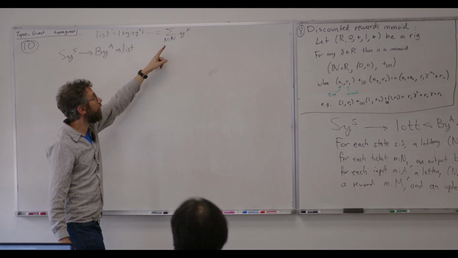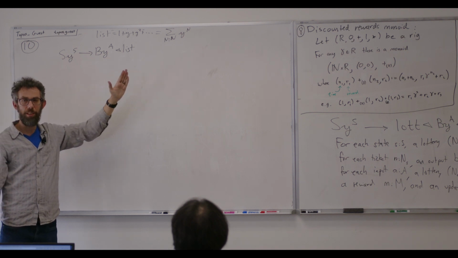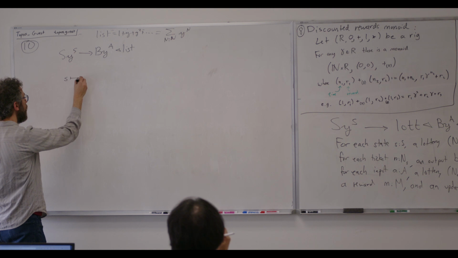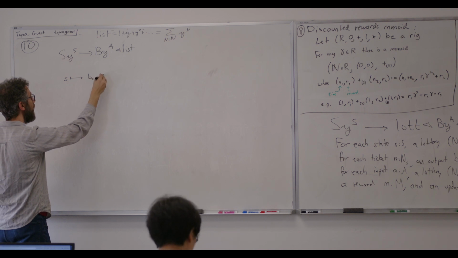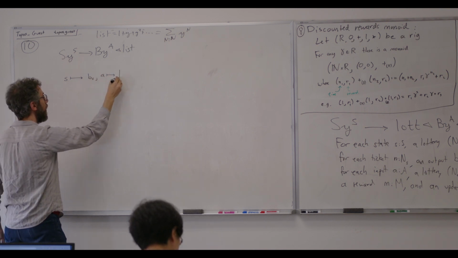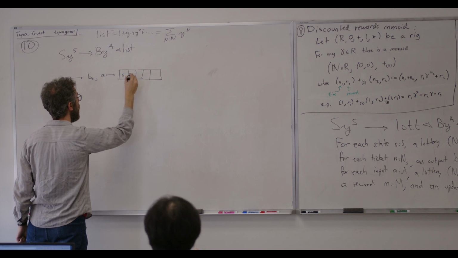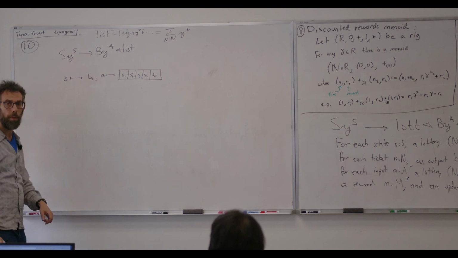Given a position in that list, one of the entries in there, we get a state. So we have this state, and it goes to some b, and then for any input, you get a list of new states, of the length of that choice.